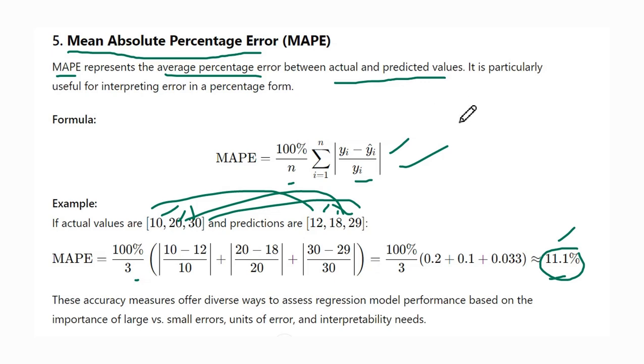So these are the five metrics we use to evaluate the performance of any regression algorithm. By considering these metric values, we say that a particular model is the best. That is about the evaluation metrics of a regression model.